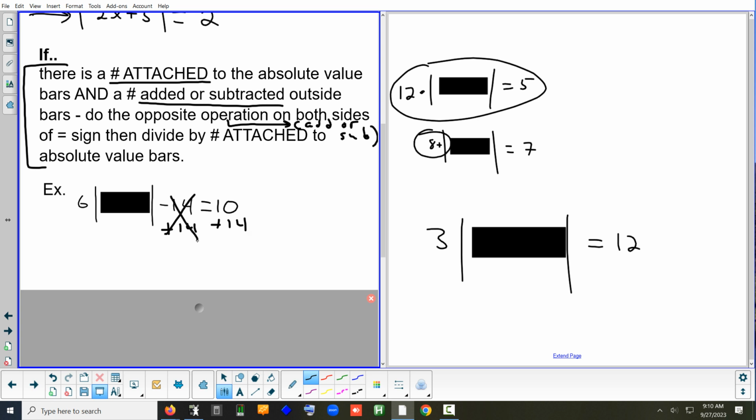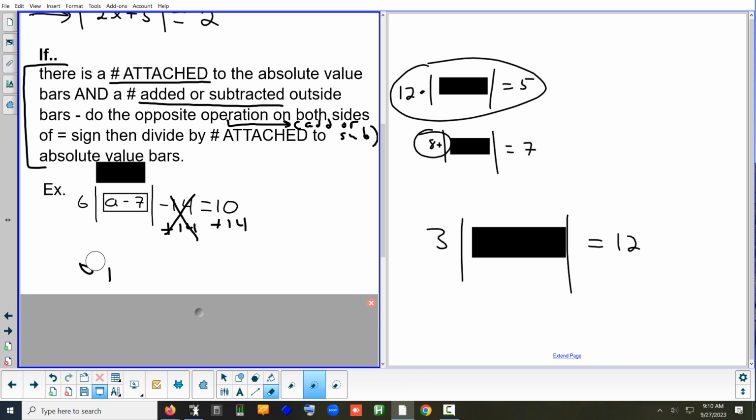Now on the left side, what do we still have? 6. Yep, we still have the 6. We still have the absolute value bars. What's inside the bars? A and then negative 7. Yep. I just need a little bit more space. So we have the 6, the absolute value of A minus 7. Nothing happened to that. And now what's on the right side? 24.